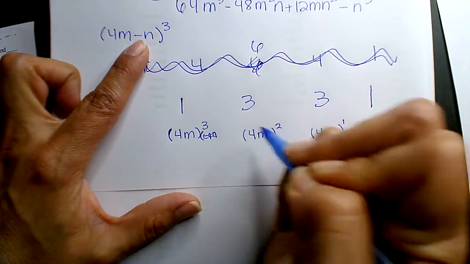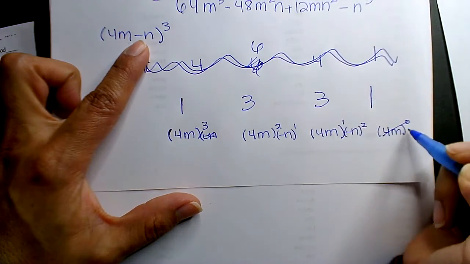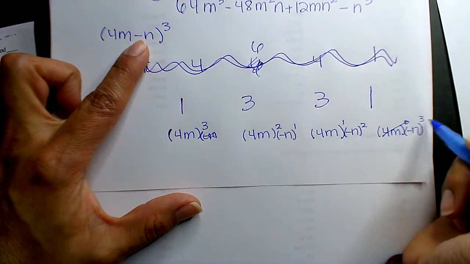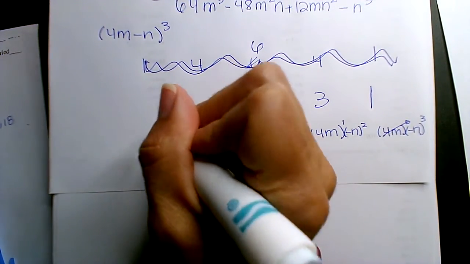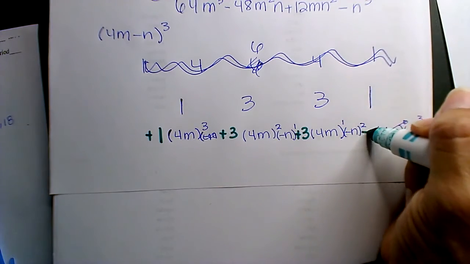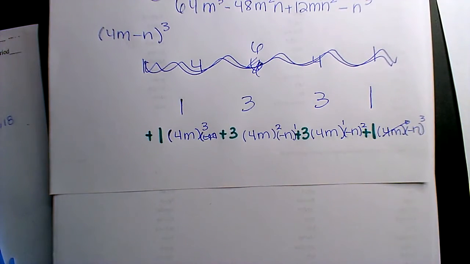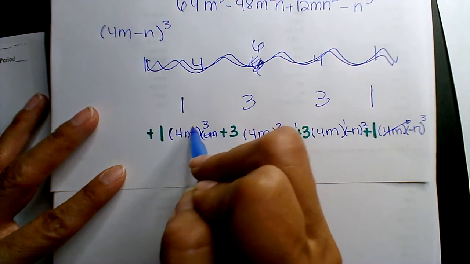Negative n to the 1, negative n squared, negative n cubed. And now what goes in front is that 1, 3, 3, 1. You clean that up, that's your expanded polynomial.